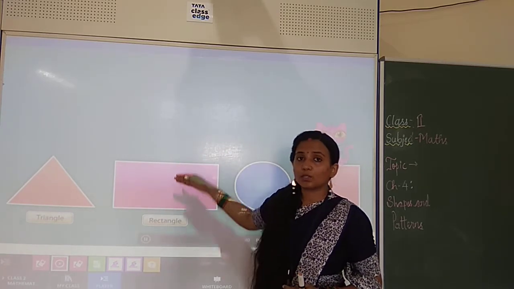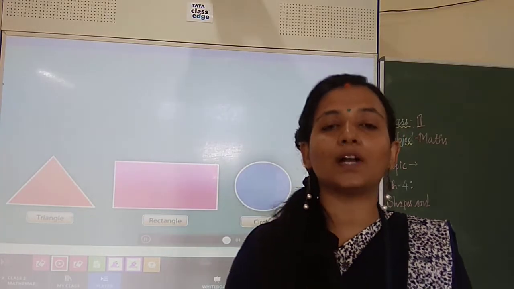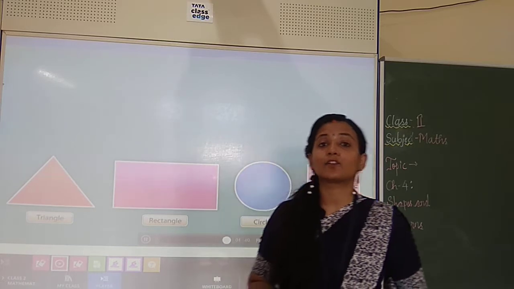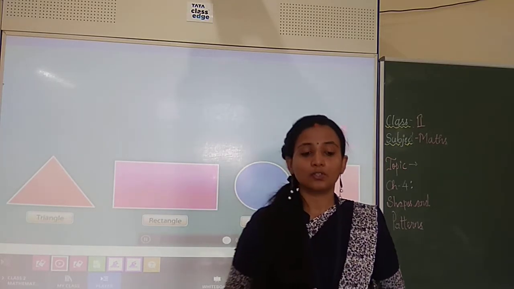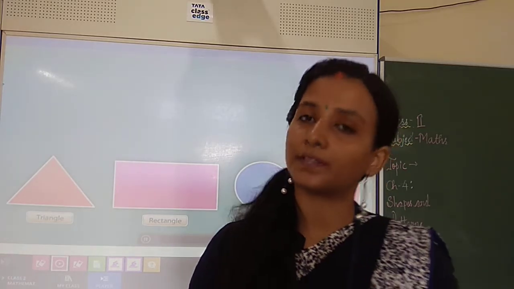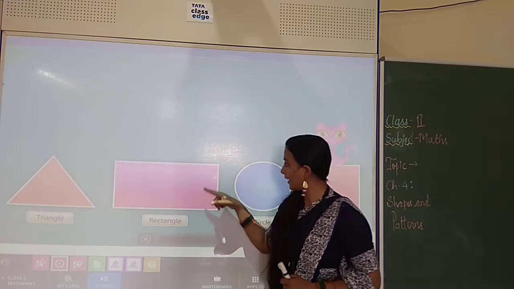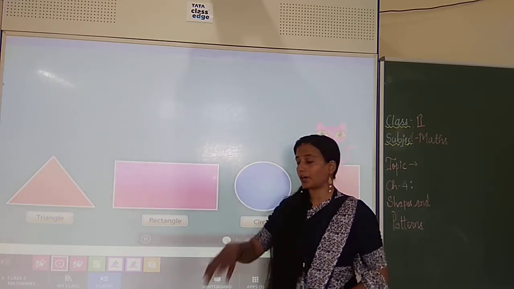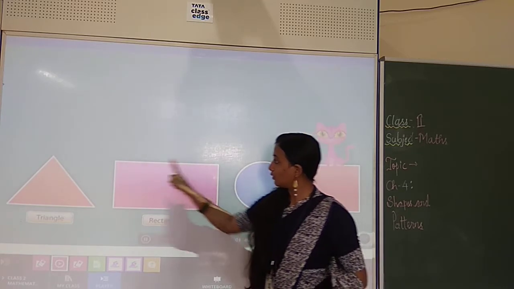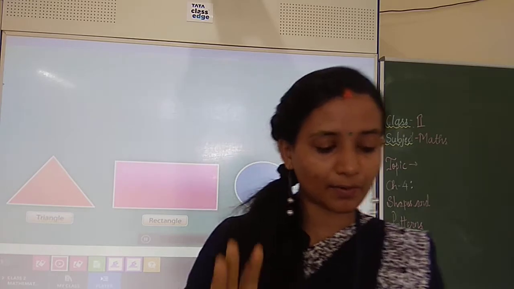Opposite sides of a rectangle are always equal. We can also call them parallel and equal. A rectangle has four sides, 1, 2, 3, 4, and four corners, 1, 2, 3, 4. I hope you are clear here.